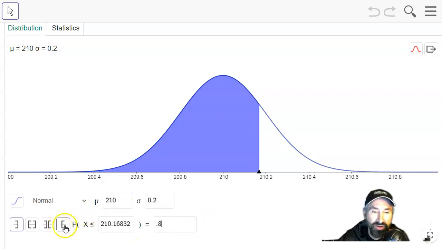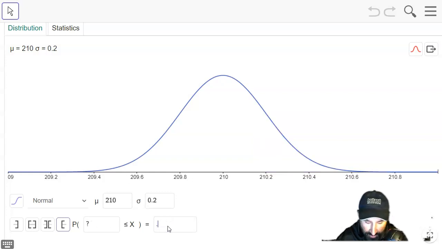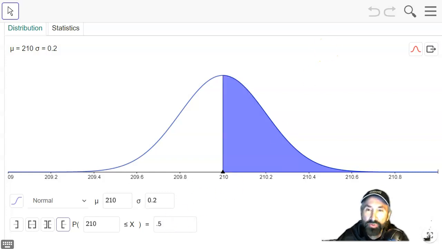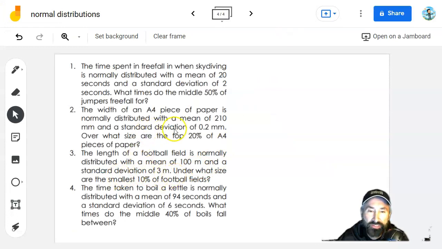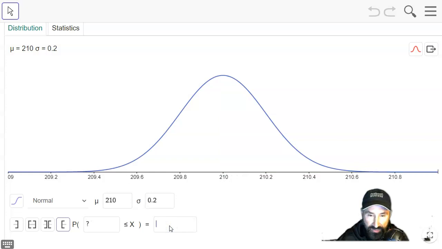Now, because they also let us do a greater than, we're going to go ahead and flip this around. And it knew what I wanted to do. Let's say it didn't know, though. Let's say it came up and it was like, I don't know, 0.5. We would take the 20%, the 0.2, and we would put it here. Let's try it, 0.2.